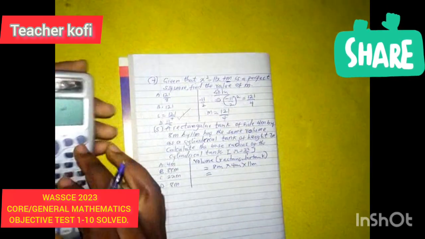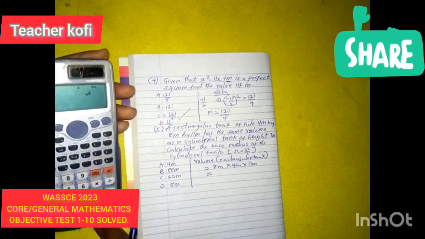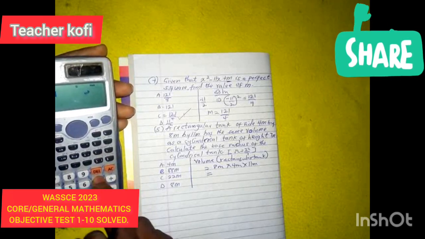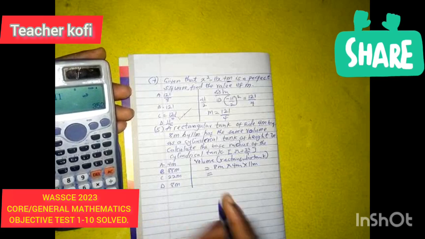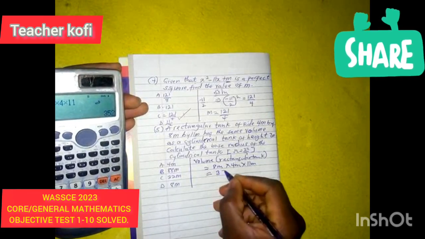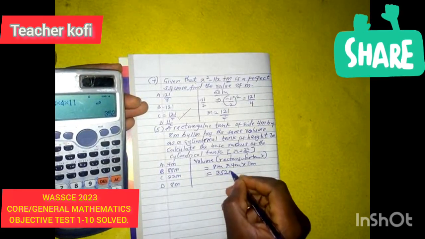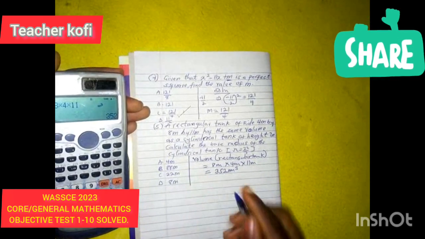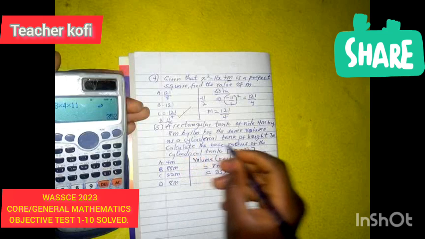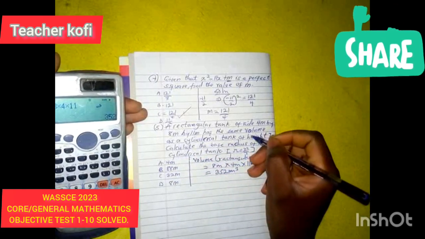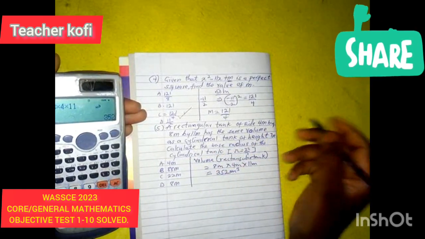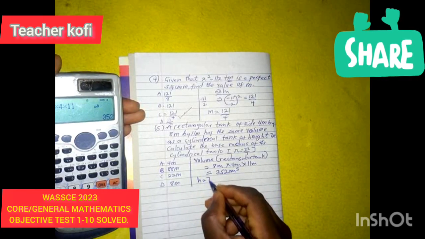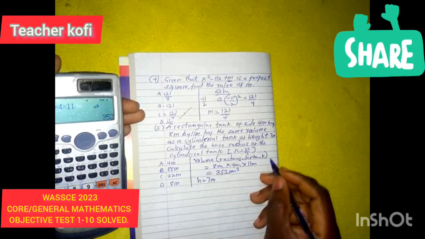Now let's punch this in the calculator. So 8 times 4 times 11 will give us 352 meter cube. So the volume of the rectangular tank is the same as the volume of the cylinder. Now we know the height of the cylinder; the height is given in the question as 7 meters.